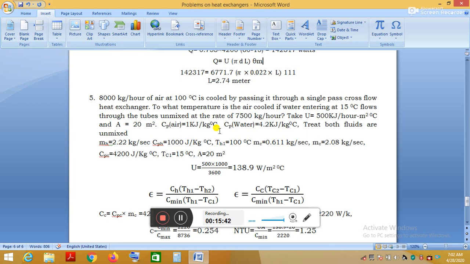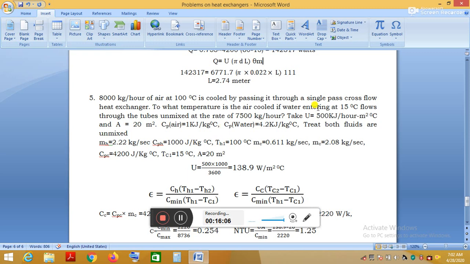And the water is entering at 15 degrees Celsius and it is heating, absorbing the heat content of the air. We need to find the outlet temperature of the water, that means the outlet temperature of the cooling fluid.